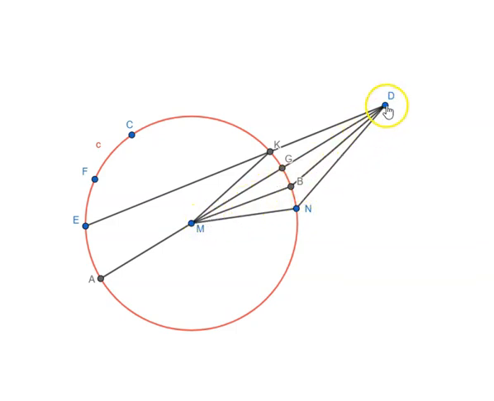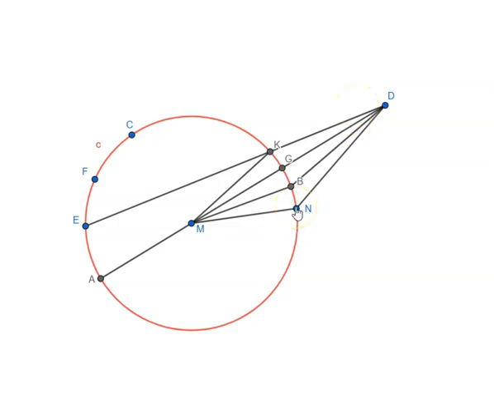So that means DN cannot be equal to BD, which means we have reached a contradiction. So there cannot exist a point N. There can be only one point on the circle, B, where DB will be equal to DK.